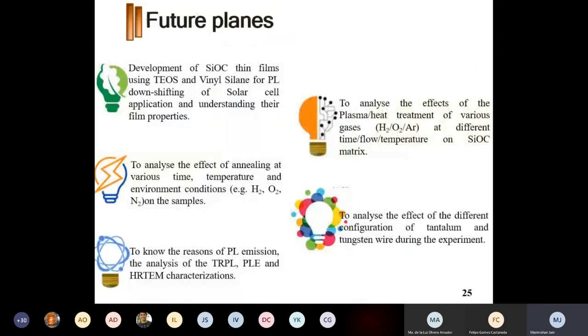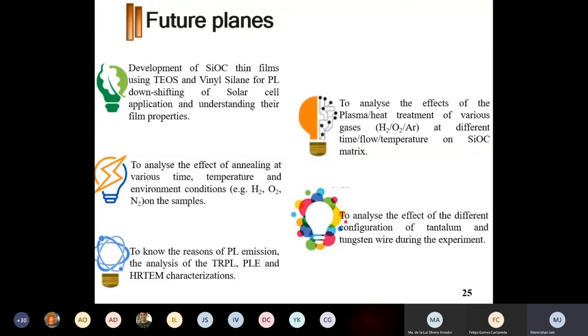My future plan is to develop silicon oxycarbide thin films using TEOS and vinyl silane for the downshifting of solar cell application and understanding their film properties. Also to analyze the heat treatment and plasma treatment in hydrogen or oxygen and argon environment.